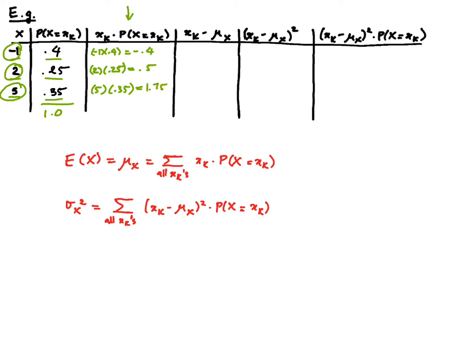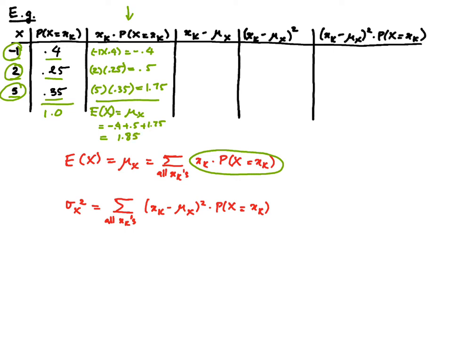That's exactly what we need to find the expected value. If you sum up all the numbers in this column, you get the expected value, E of x or mu of x, which is equal to -0.4 plus 0.5 plus 1.75, which is equal to 1.85.